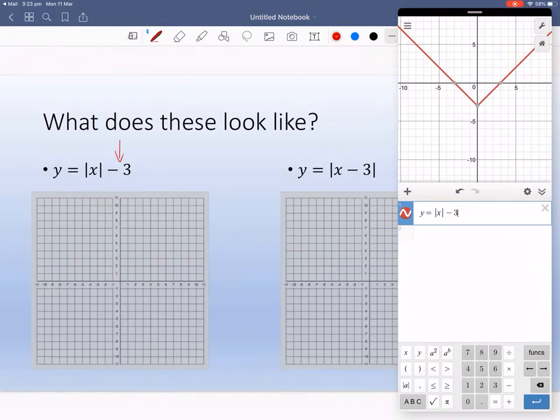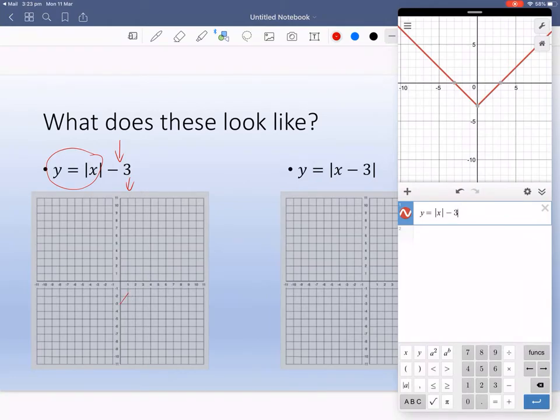It drops it down 3. So hopefully you're seeing that because I can't draw on that side of the Desmos page. So I'm going to go back to my page here and I'm going to draw it. So it's going to be the same as this graph except it's gone down 3. So the same things that we've been doing with other graphs still apply to these weird new graphs that we've seen. So it's going to go minus 3.